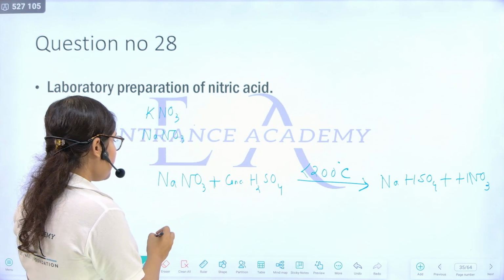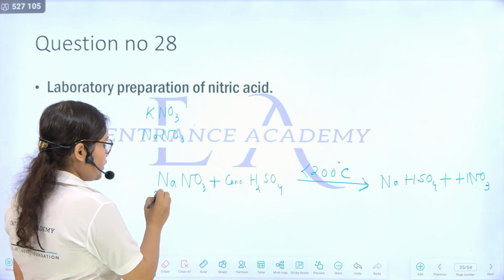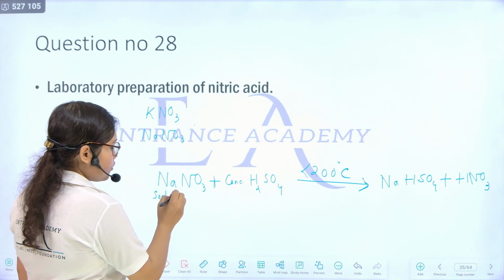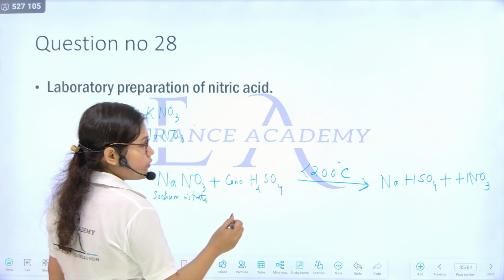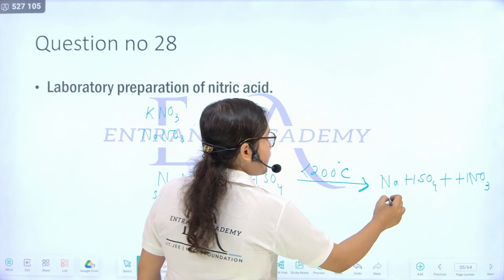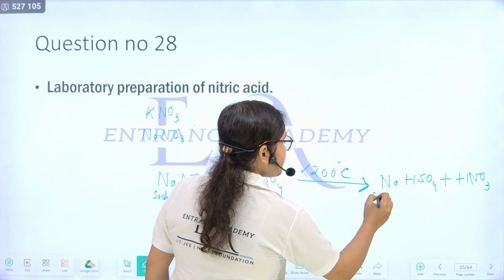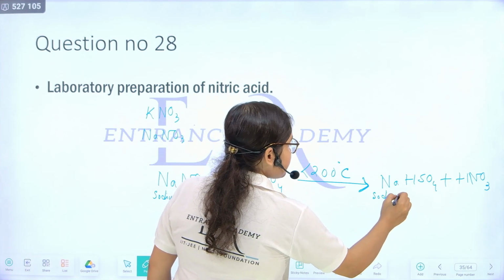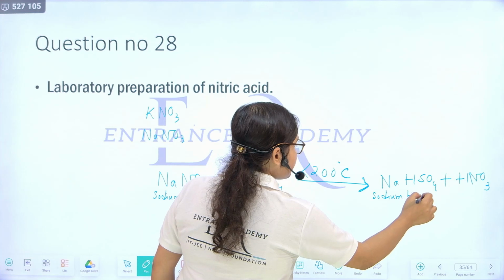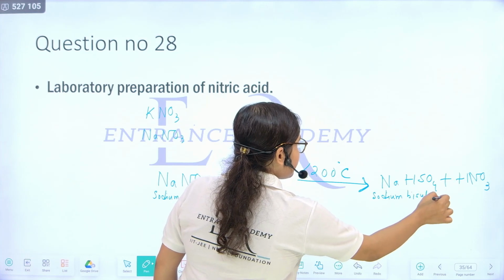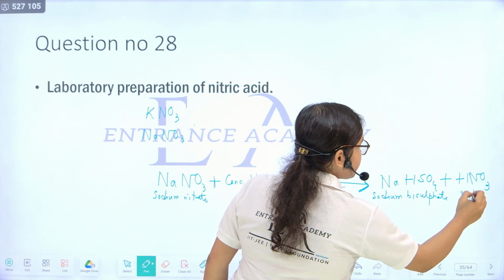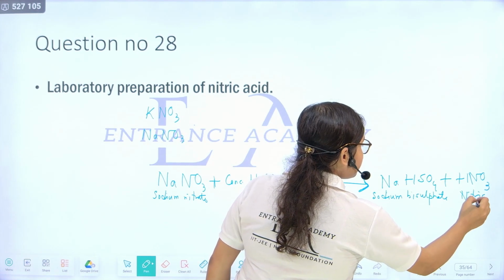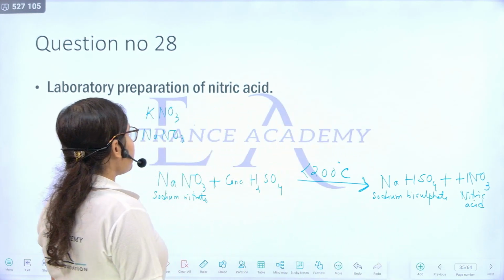So sodium nitrate, concentrated sulfuric acid gives sodium bisulfate and nitric acid. This is the lab preparation of nitric acid.